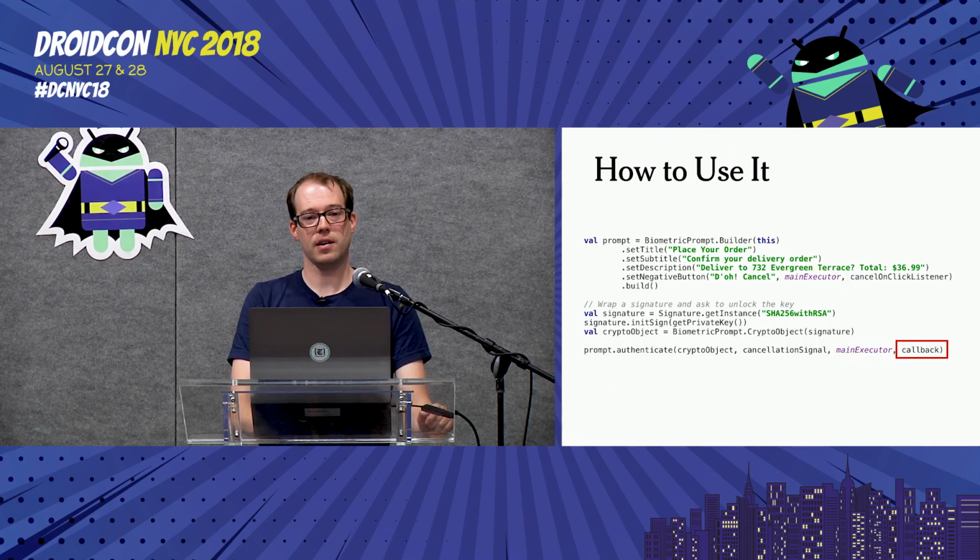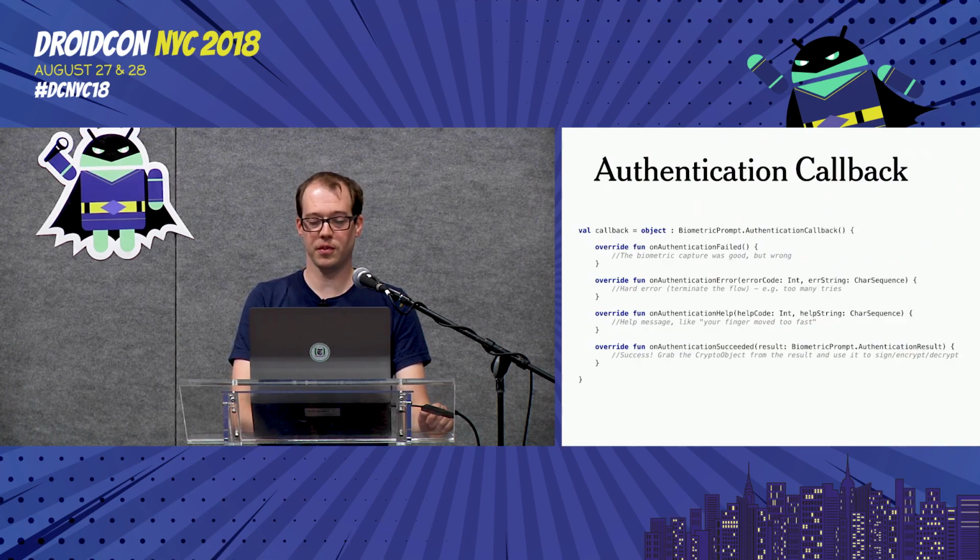You also get a callback that tells you what happens when different outcomes come out of the authentication. For instance, if the capture was good but outright wrong, you might get the authentication failed callback.